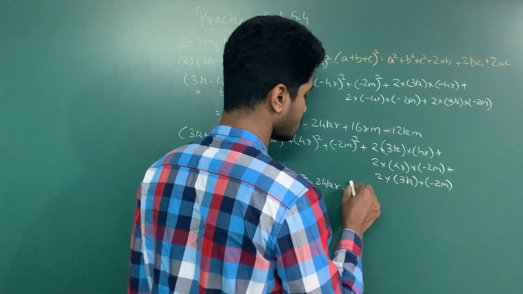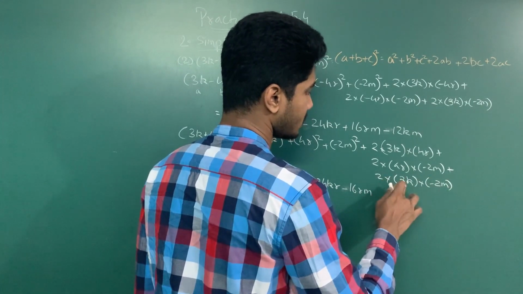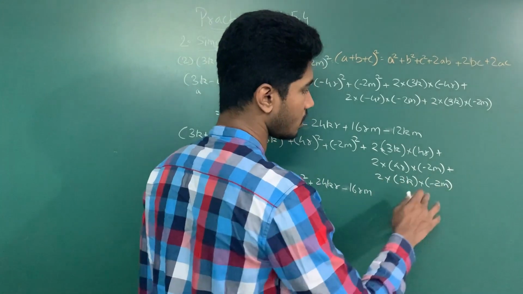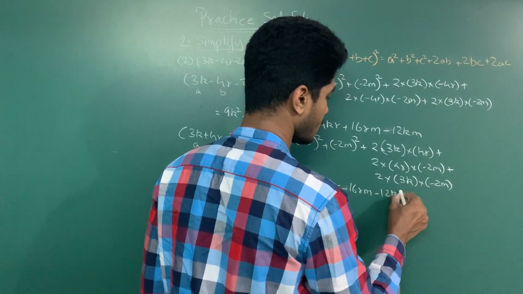So this will be 16rm. 2 into 3 is 6, 6 into 2 is 12, minus plus will be minus, and this will be 12km.